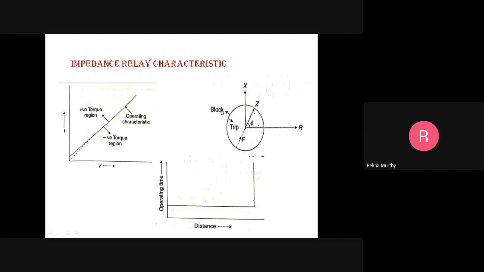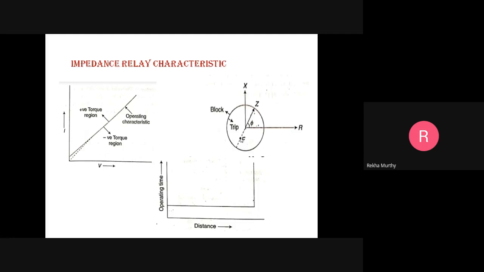That stage we can call the block stage. So whenever the fault point is within the circle, only then the relay will operate; Z value is less than K.